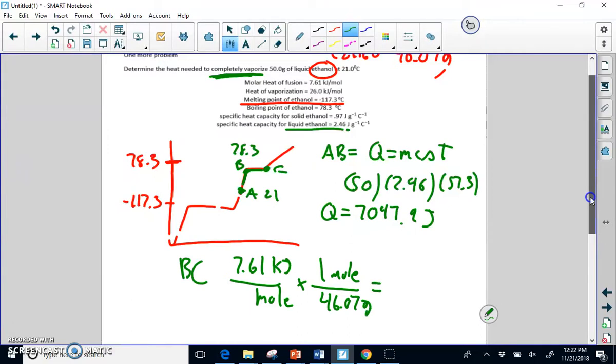If we do that conversion, we get 0.564, keeping the sig figs the same, kilojoules per gram. We want joules per gram, so we move the decimal place 3 places, and we get 564 joules per gram.